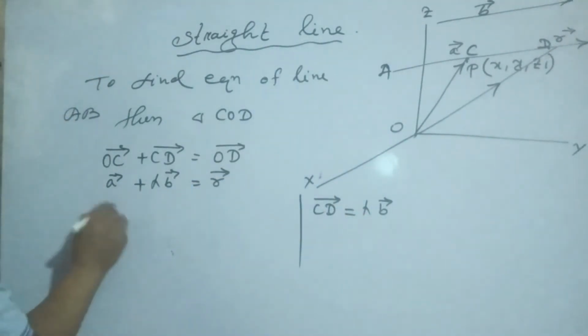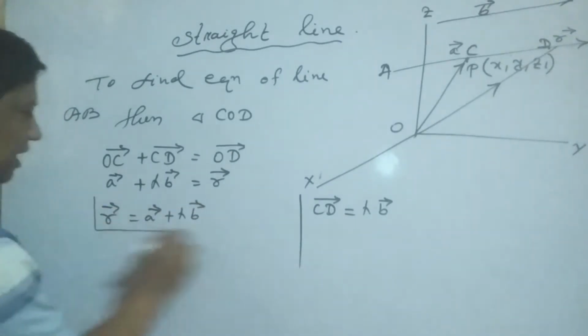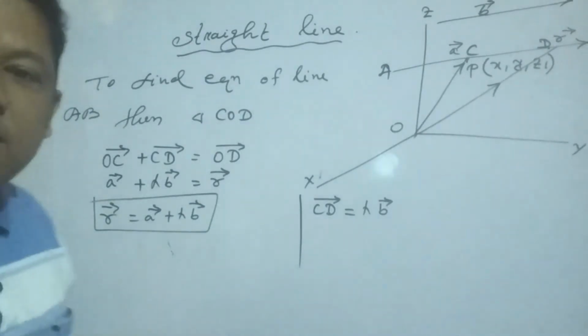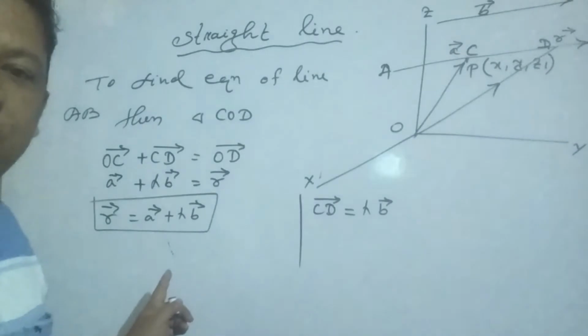So I get R equal to A plus lambda B, and that is called the equation of the line in vector form.